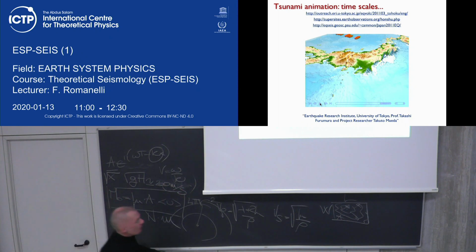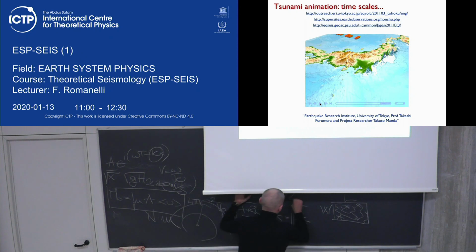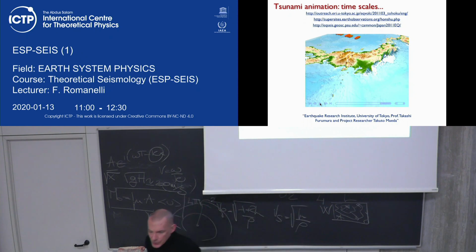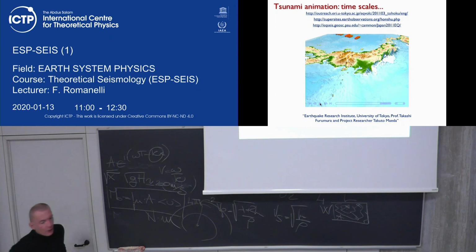So if you want, you can compare 0.2 with 4 kilometers per second. What is my message? That being a gravity wave in a 4 kilometers ocean, you are fast, but not that fast. So it's arriving later.